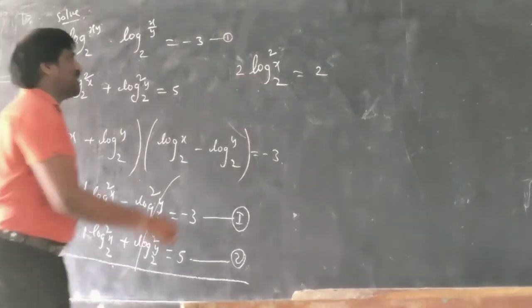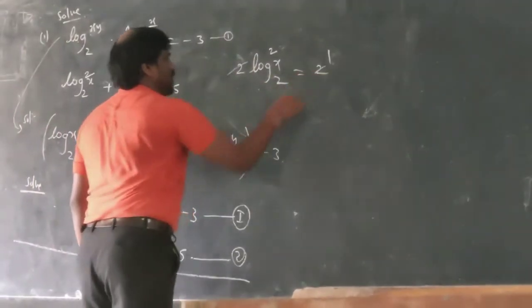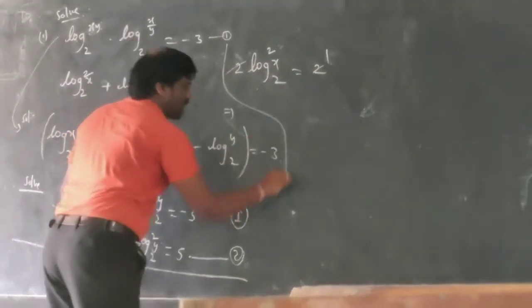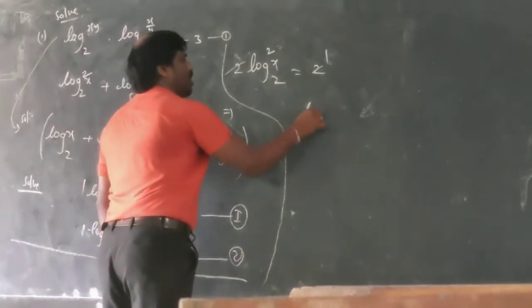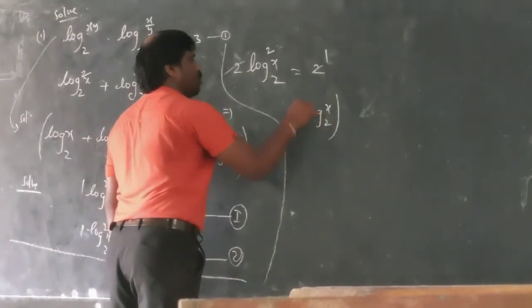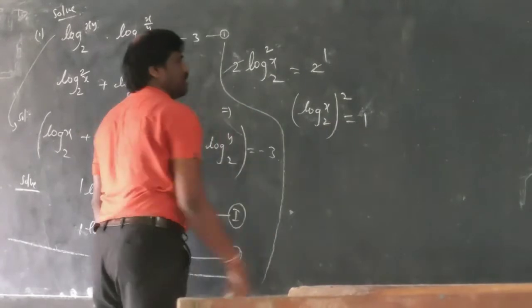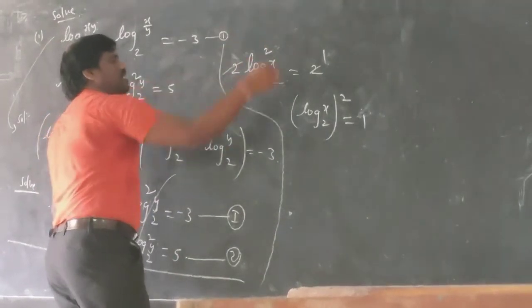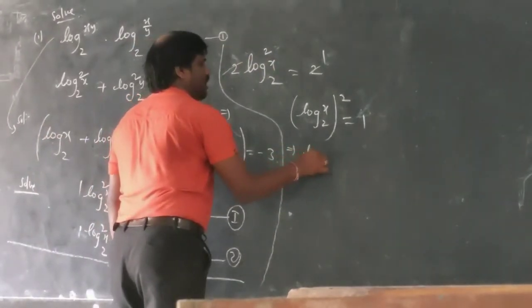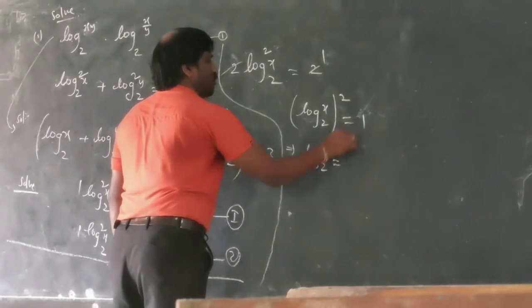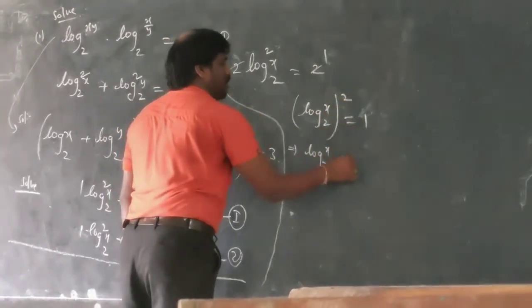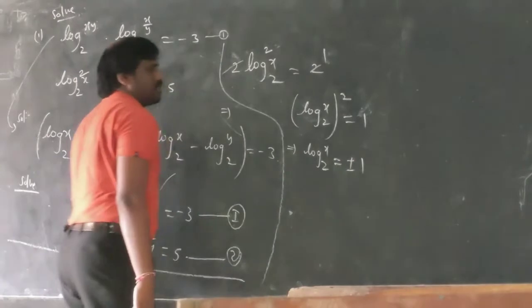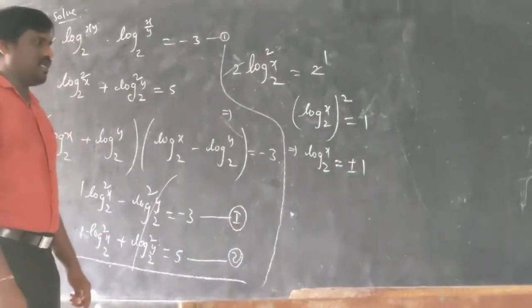So this gets cancelled, and I get log x with base 2, whole square, is equal to 1. Taking the square root, log x with base 2 is equal to the square root of 1, which is plus or minus 1.